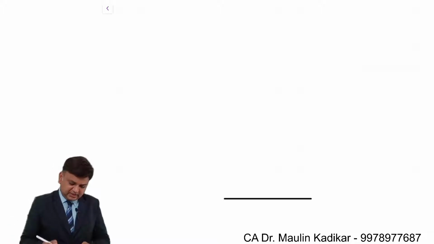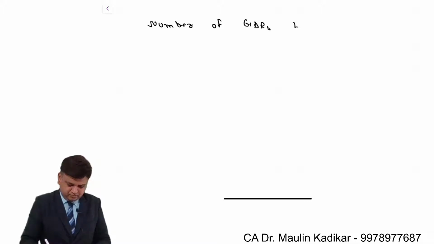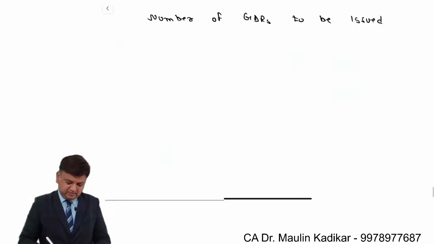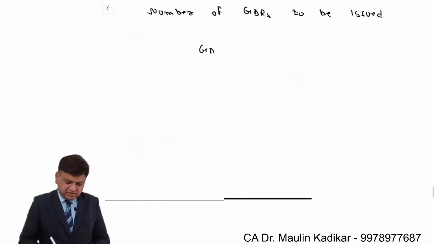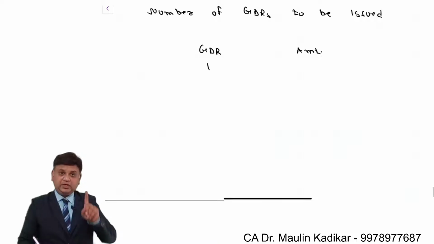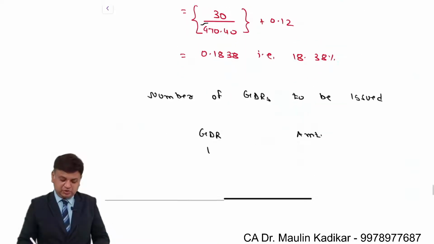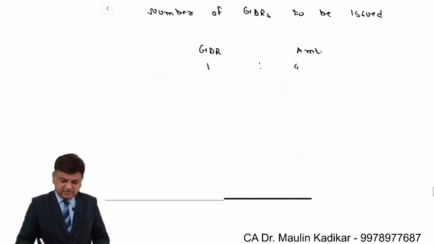Now we are required to compute the number of GDRs to be issued. Let us understand how to compute that. On issue of 1 GDR, the amount that you receive net of the flotation cost is 470.4.